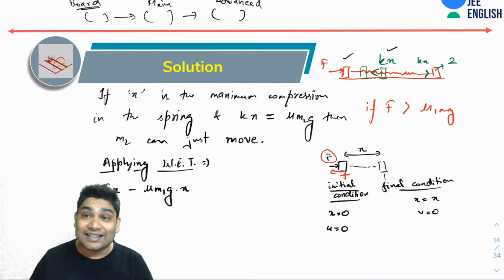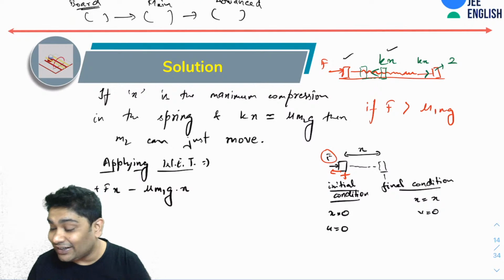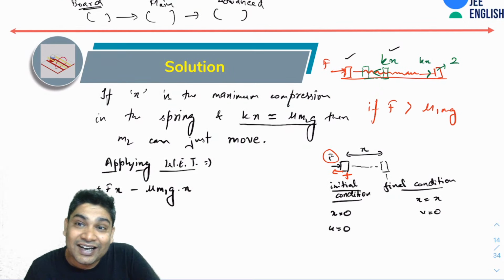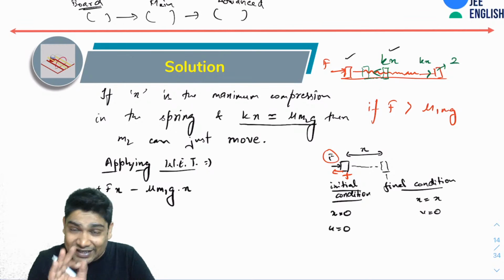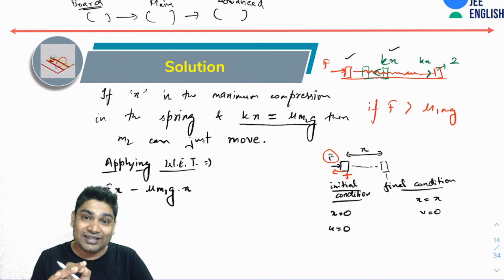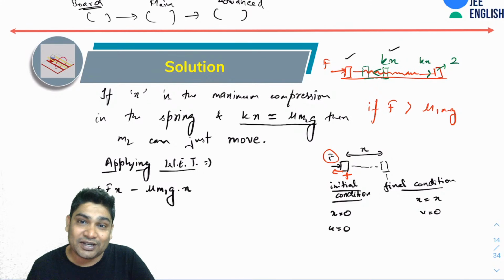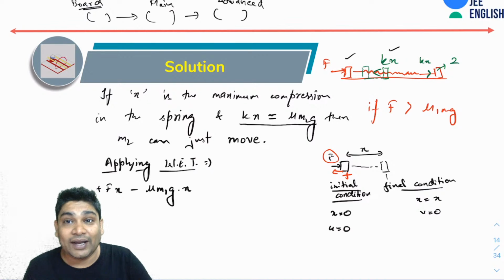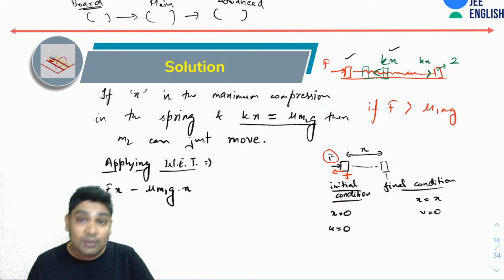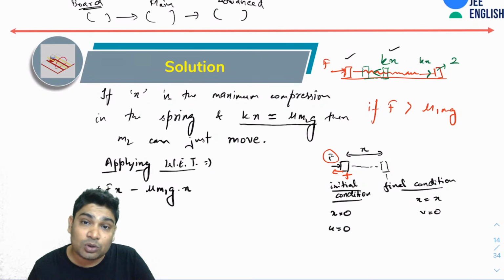Yes, m2 has just moved, right? I have considered this situation that at maximum compression, the spring force is just equal to limiting friction, so it has just not moved. If I had any more compression in the spring, even negligible compression more, then it would have moved, okay? So since my condition is that at maximum compression, the spring force becomes equal to the limiting friction for block 2, it hasn't moved yet.